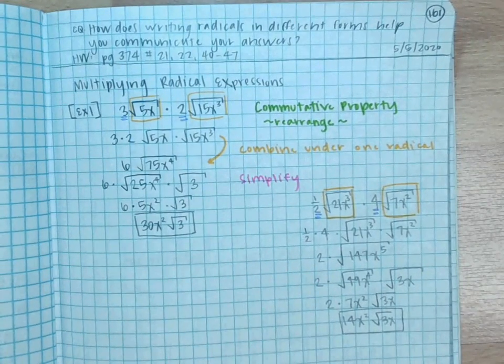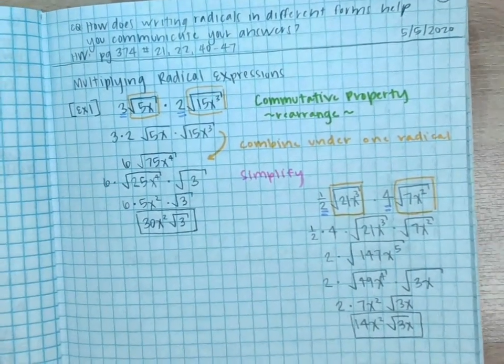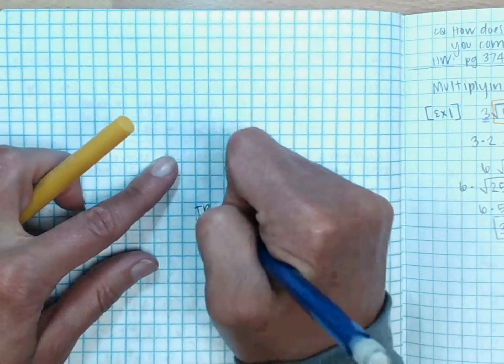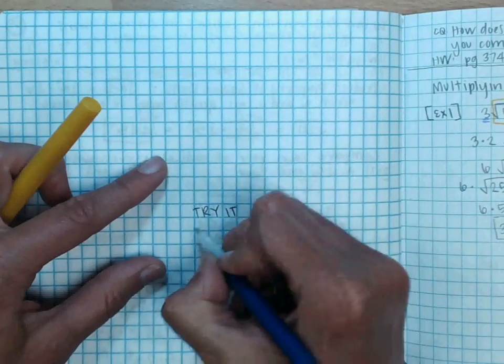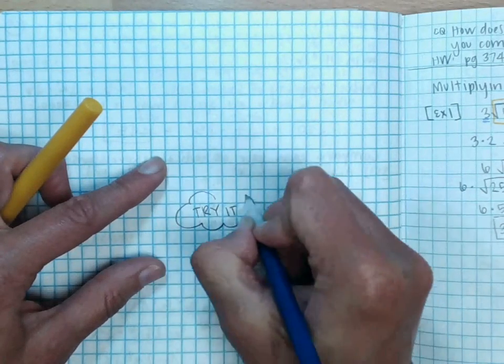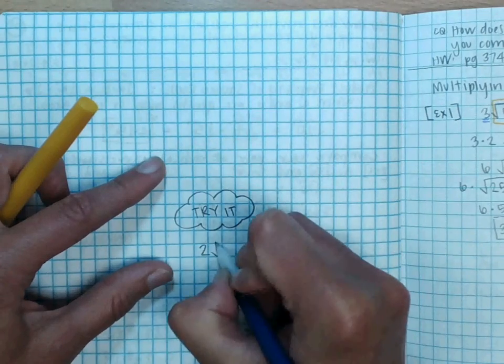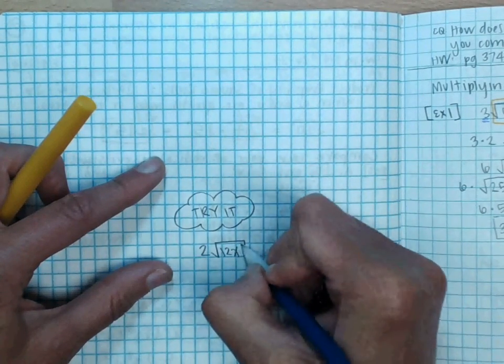Now, I want you to try one by yourself on the left-hand side. And so I want you to pause the video for a second once I get this written so that you can try it. And then you can look at my picture of this example when you're done and be sure that you did it right.